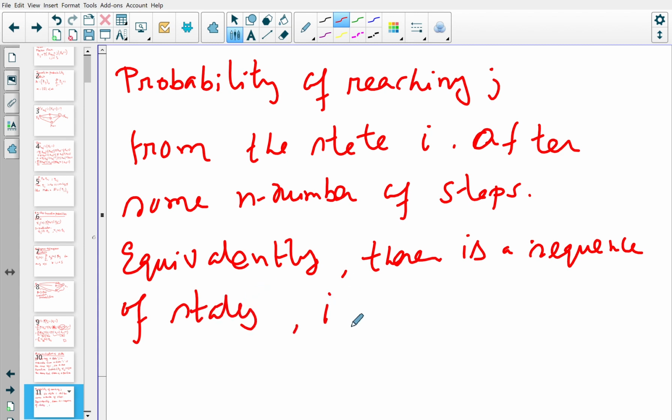We start from i and then go to i1, then i2, then i_{n-1}, and then j. So for some n, we have many steps in between and then you go to j.